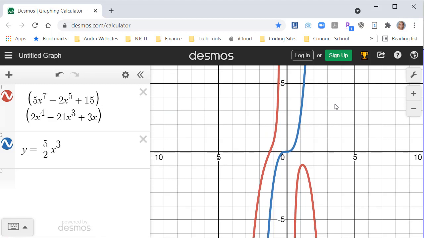So I've entered both our original function into Desmos, so it's showing up in red here. And then we said that its end behavior sort of resembles the end behavior of this one.